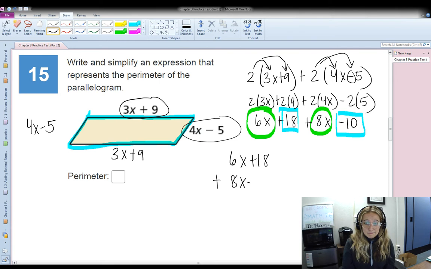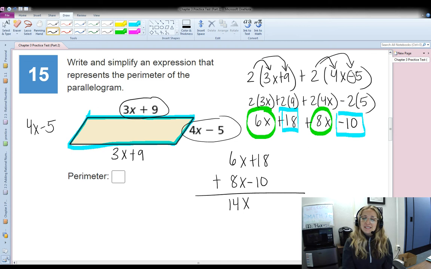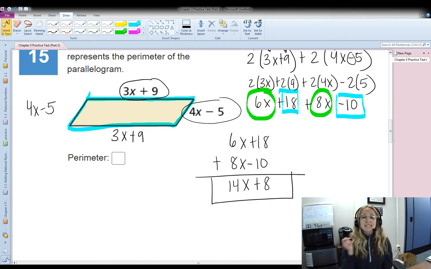Plus 8x minus 10. All right. And then just combine them. So 6x plus 8x will give me 14x. And then a positive 18 minus 10 will just give me a positive 8. So the perimeter simplified will be 14x plus 8. And that is the answer to number 15.